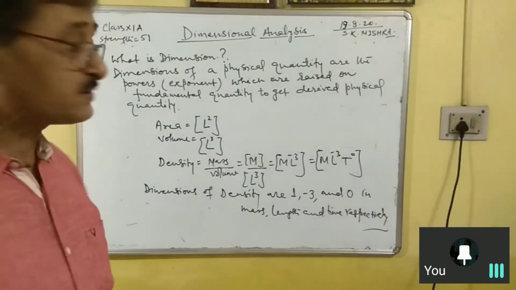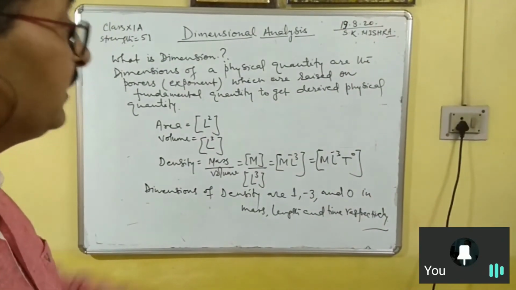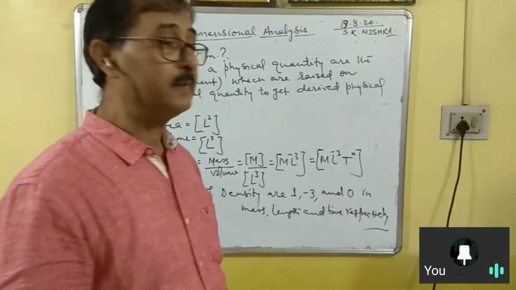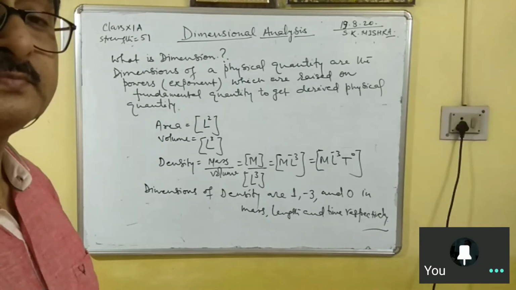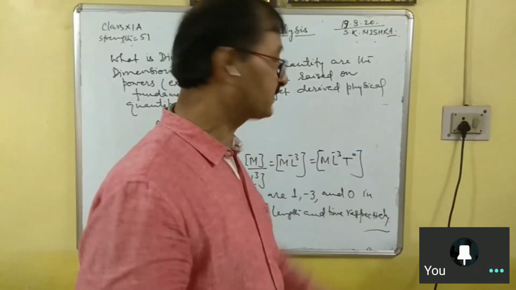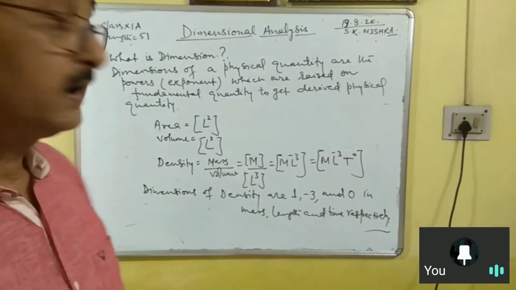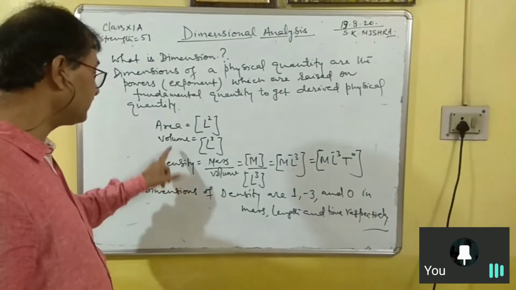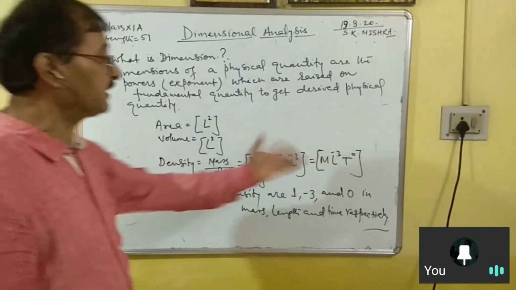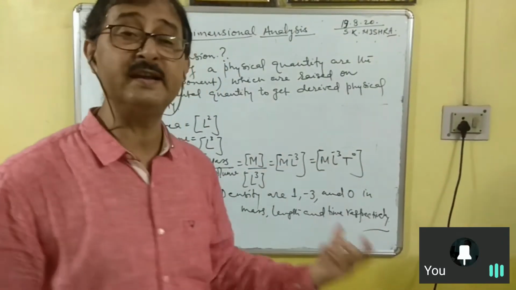And if I ask you what is the dimensional formula of density, then your answer is M L raised to minus 3 T raised to 0. Within that bracket is called dimensional formula. And if you represent density, suppose by a quantity D, then D is equal to this. So this is called dimensional equation.